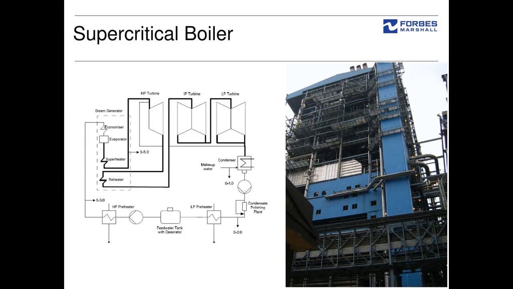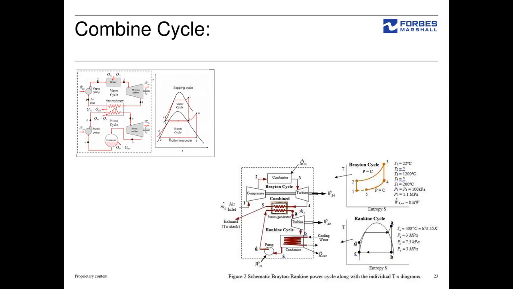This condensate is pumped back using condensate extraction pumps into the feed water system, and this cycle is recirculated. So this is the ideal example of implementation of all the efficiency improvement aspects of a Rankine cycle, and how those are utilized in modern thermal power plants.